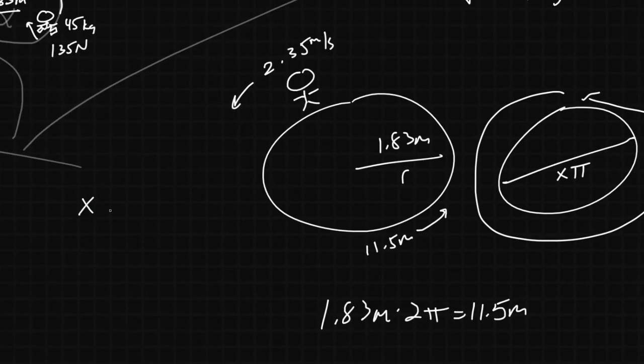To actually write that out, the position is velocity times time plus initial position.